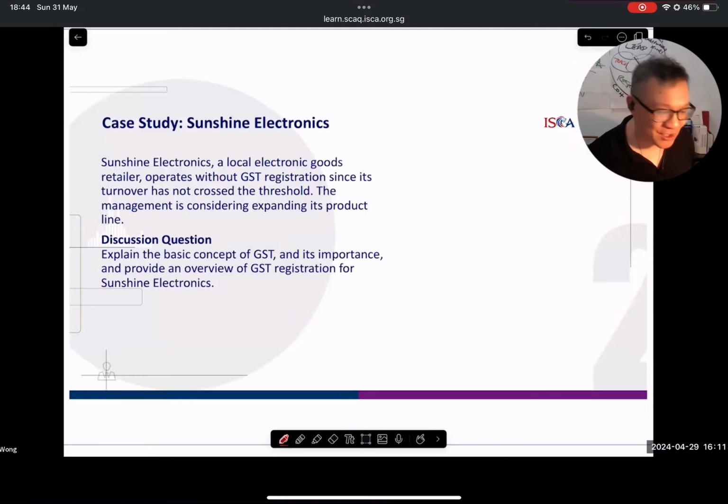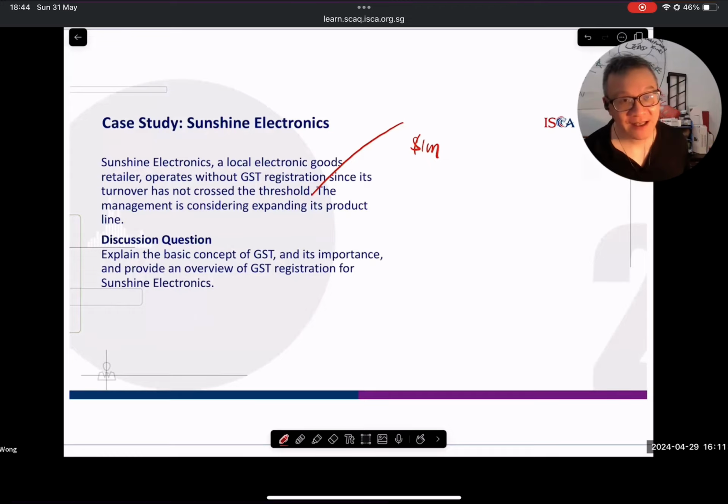And what is the threshold? Does anyone know? Yes, it is 1 million. It's the annual value of taxable supplies. If the annual value of taxable supplies exceeds 1 million Singapore dollars, the person will have to register for GST on a compulsory basis.